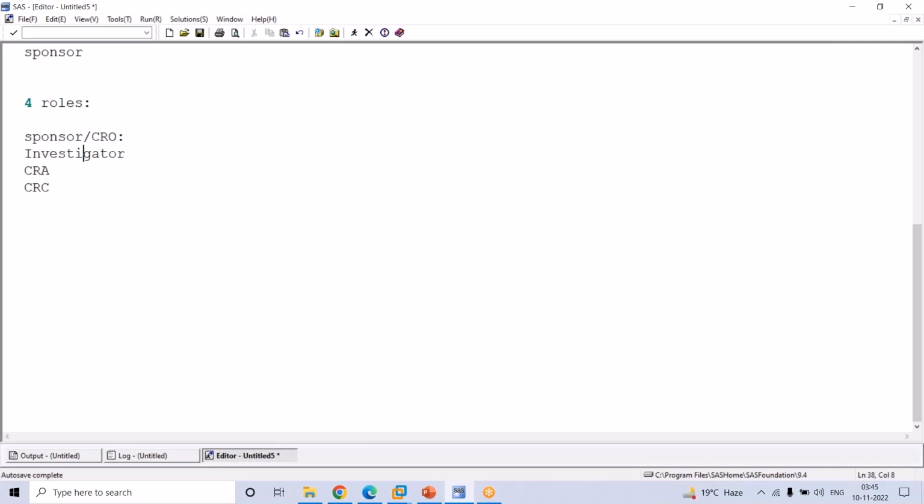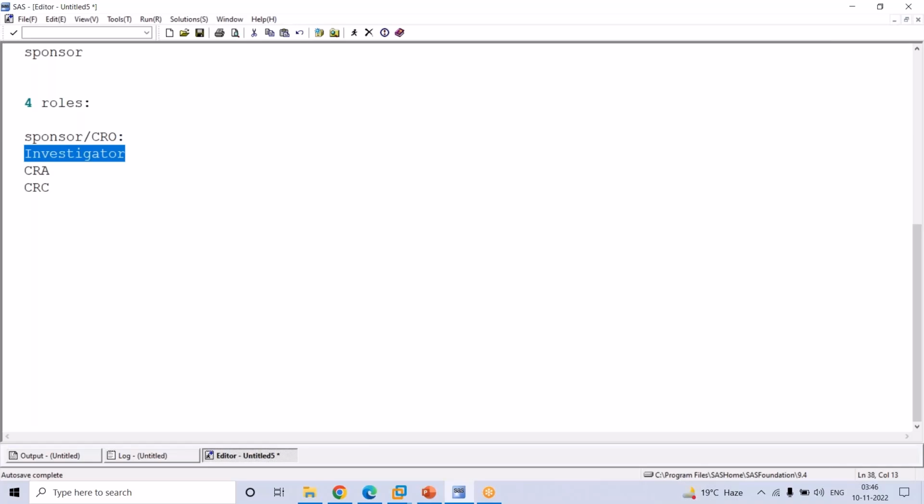To know what is going on at the site, they appoint CRAs. So the CRA will visit the site, perform the monitoring, and check the activities on behalf of the sponsor. They visit the site where the investigator is available and check all these activities.